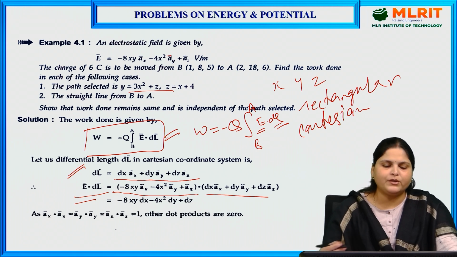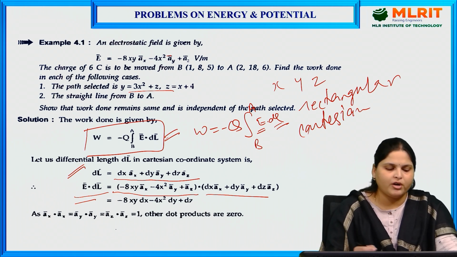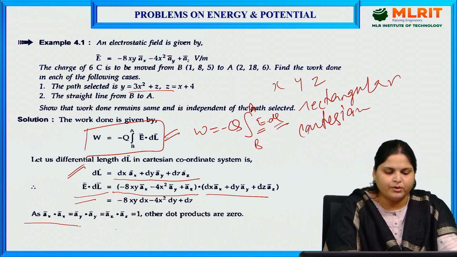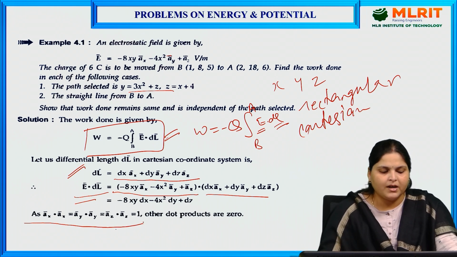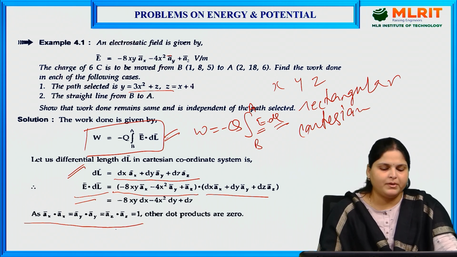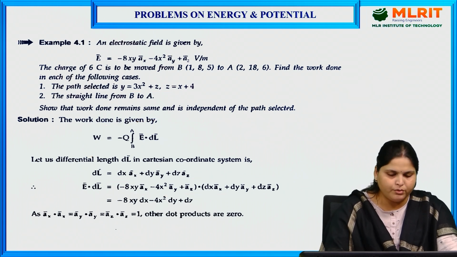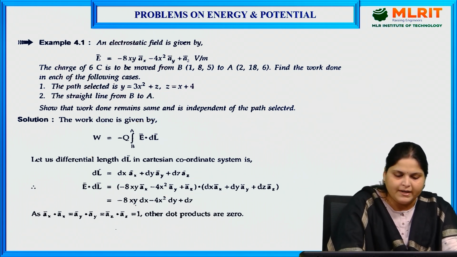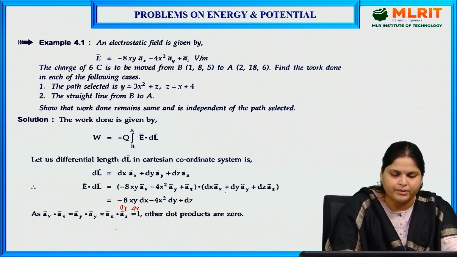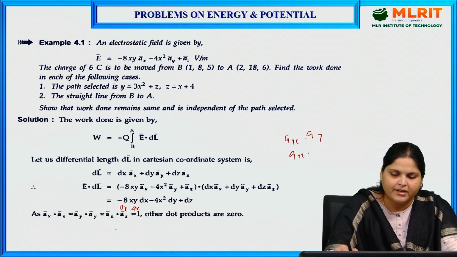Here we need to utilize some properties of the dot product: when two equal unit vectors are in a dot product, their value will be 1. When we multiply this, we are going to get ax dot ax, and also ax dot ay and ax dot az.